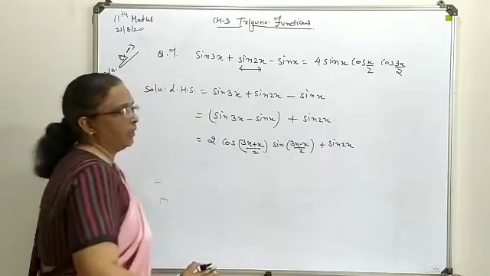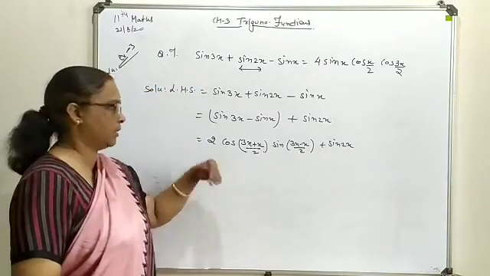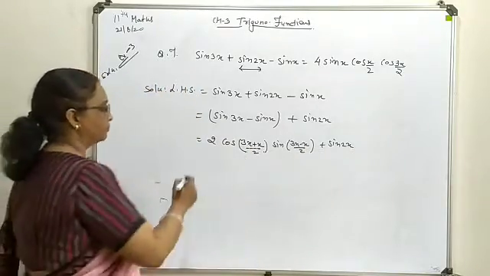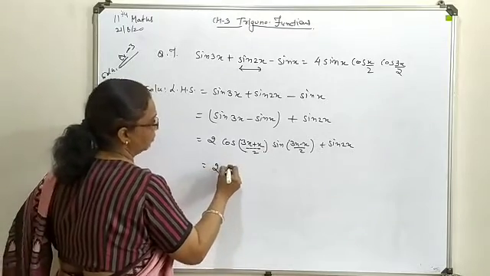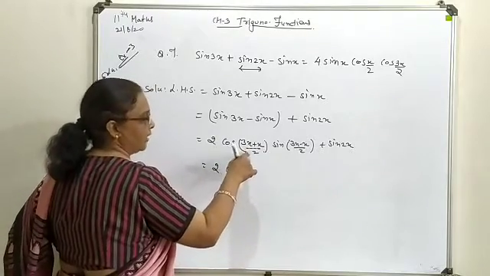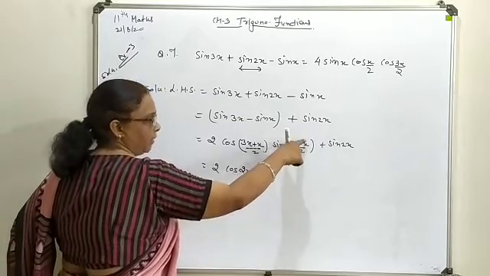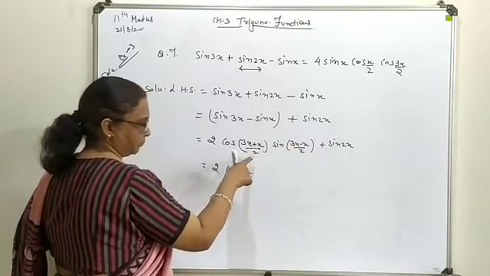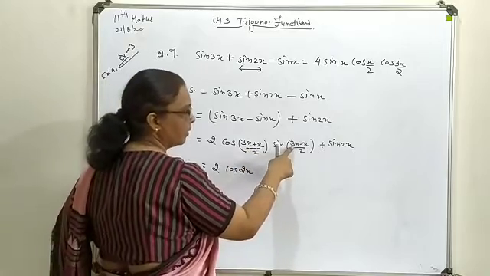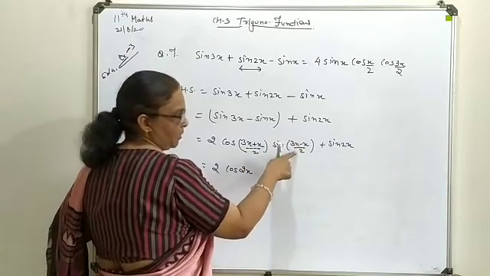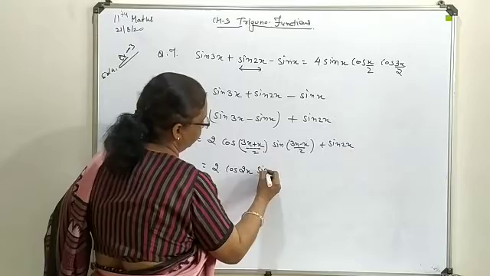What solution we require will be decided on the basis of the next step. That is 2 cos 4x upon 2, means 2x. 3x minus x means 2x, 2x upon 2 means sin of x.